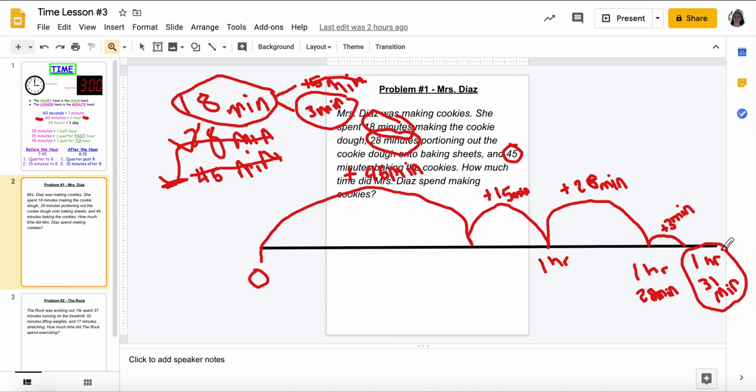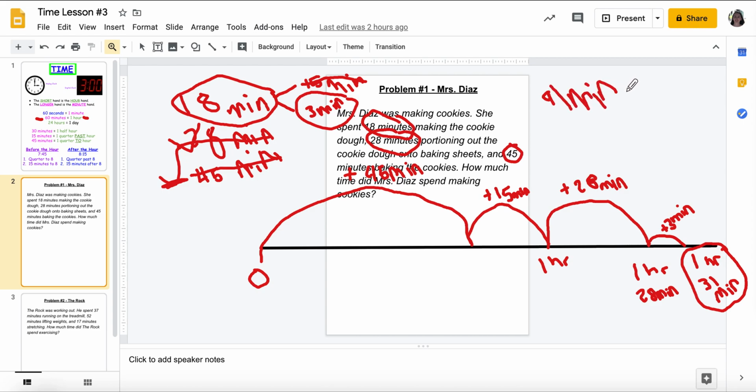But that's not what the answer is going to be. The answer is going to be said in 1 hour and 31 minutes. So that's why we use this open number line to make it a little bit easier to visualize our problem solving. Because, like I said, the second way I could have solved it was adding 18 plus 28 plus 45, and that equals 91 minutes.